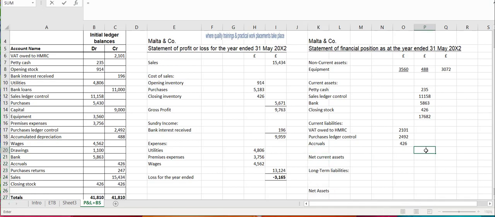So I bring in my total there, and that is the total of all your current liabilities. My net current assets will be my current assets minus current liabilities.